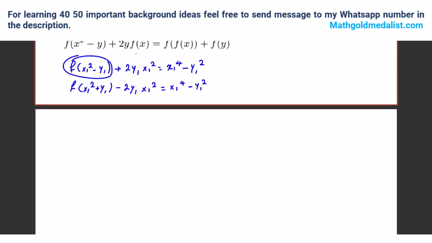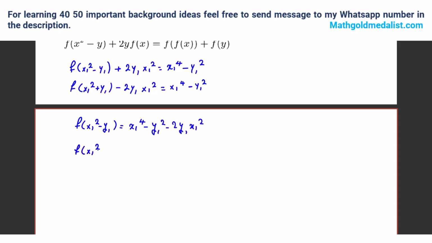Okay, now we can conclude: f of x1 squared minus y1 is equal to x1 to the 4 minus y1 squared minus 2y1 x1 squared, and f of x1 squared plus y1 is equal to x1 to the 4 minus y1 squared plus 2y1 x1 squared. So let's check each of them.